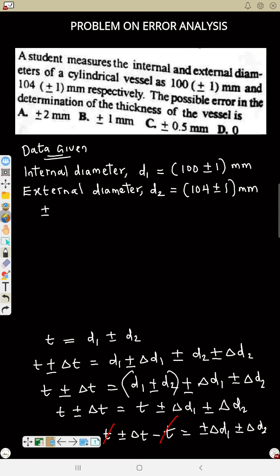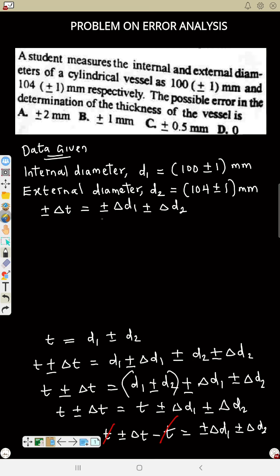plus or minus absolute error in the measurement of the thickness will be equals to plus or minus absolute error in the measurement of internal diameter plus or minus absolute error in the measurement of the external diameter.